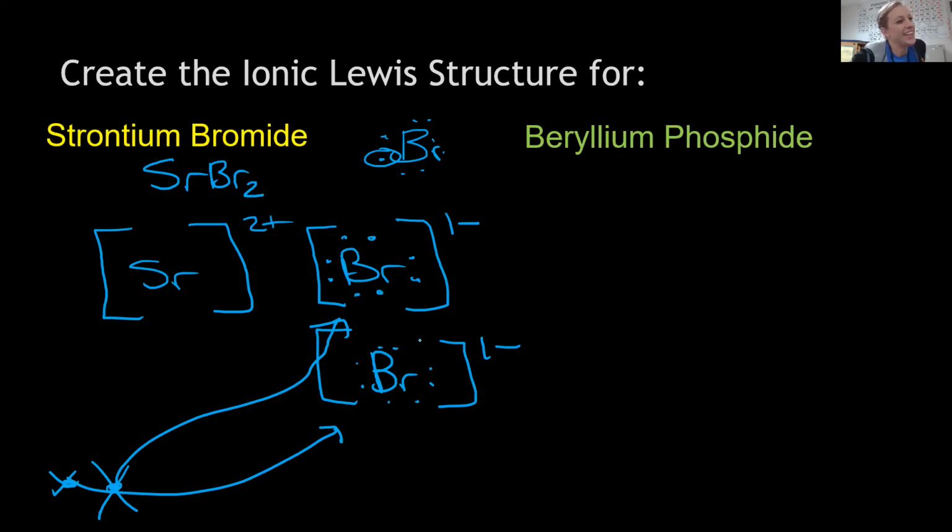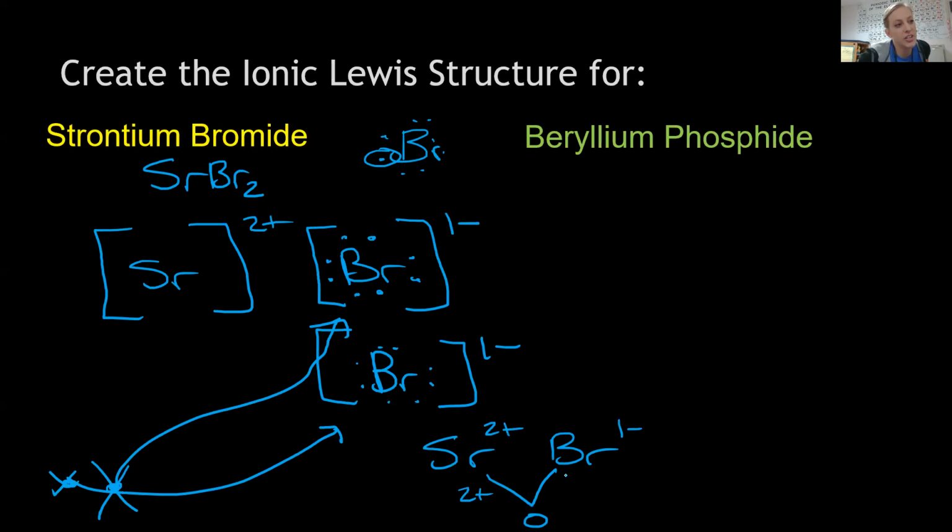But one bromine gets 1 of the electrons. The other bromine gets the other. So the strontium bromide compound has 1 strontium and 2 bromines every time, because that's the ratio it needs to exist. One way we can look at that is if we know strontium is 2+ and bromine is 1-, and I draw this little triangle, I know everything has to add to 0.